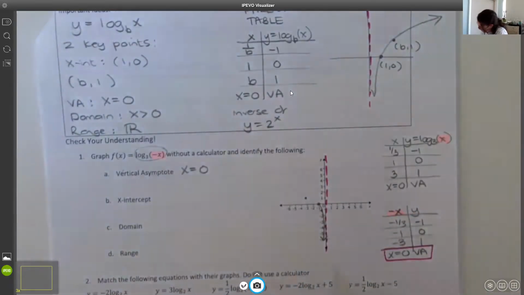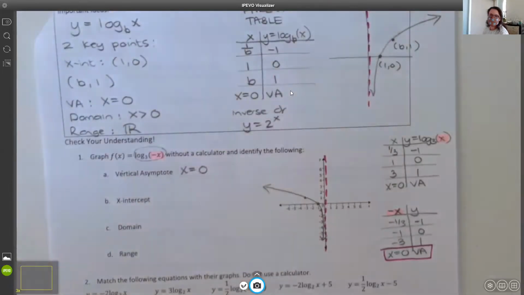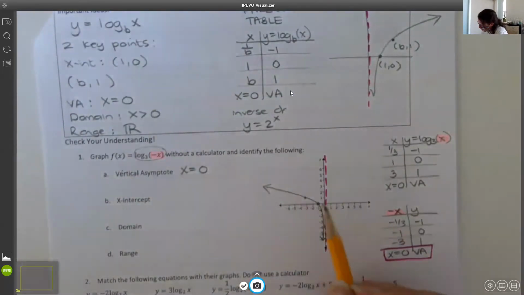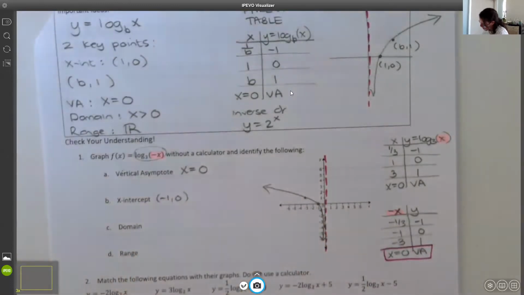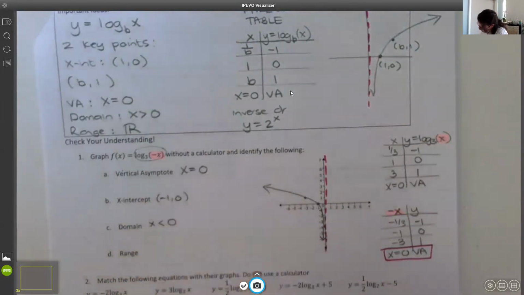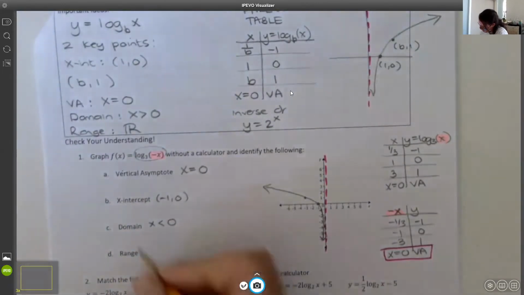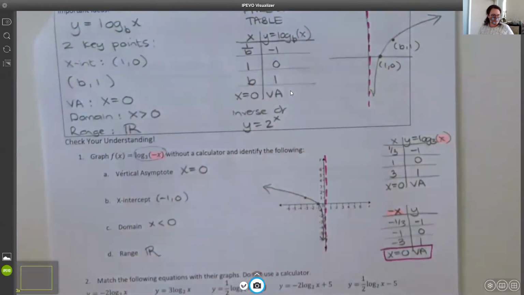You're never going to cross it. And then here, this is going to go towards infinity. And our x-intercept was at (-1, 0). Our domain is x is less than 0. The range is all real numbers.